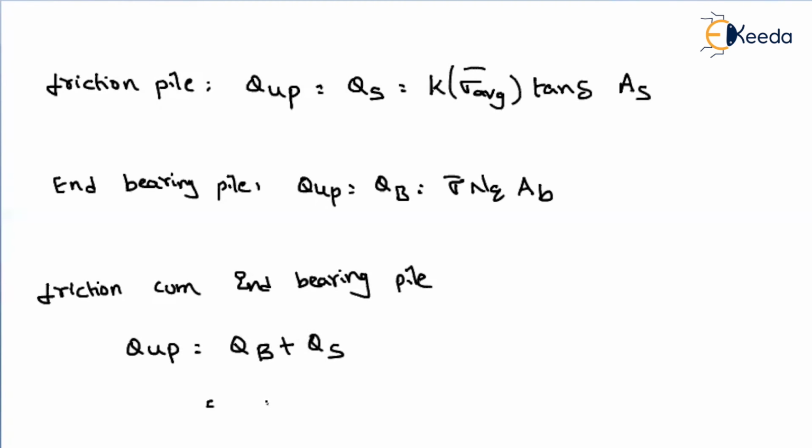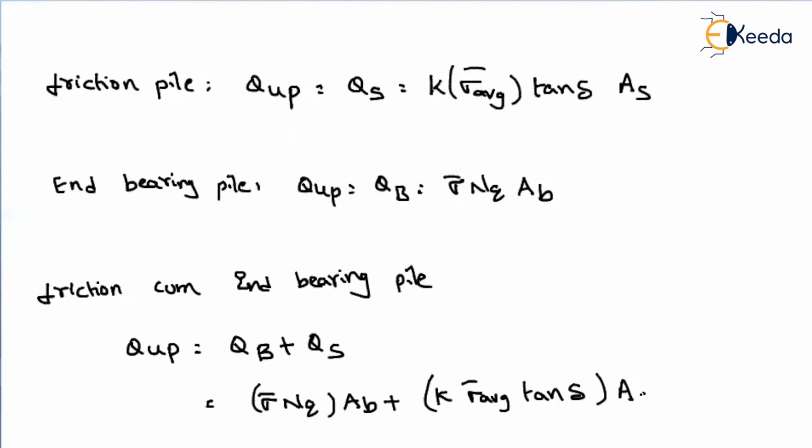That can be written as sigma bar into Nq into the end bearing area, plus K into average vertical stress into tan delta into the surface area AS. So depending upon the type of pile, we have to find out the pile capacity, and these are the formulas that will be used if your pile is in sands.